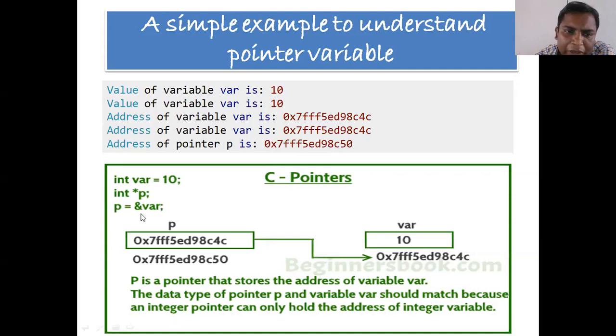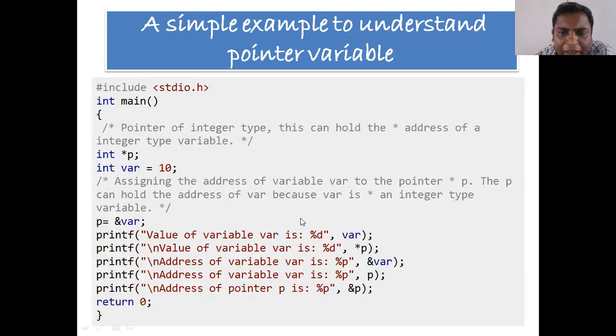So the address of var is 7FF5ED98C4C, so the value of p will become 7FF5ED98C4C. And since it is a pointer variable, it will have its own address, which is 7FF5ED98C50. Fine.